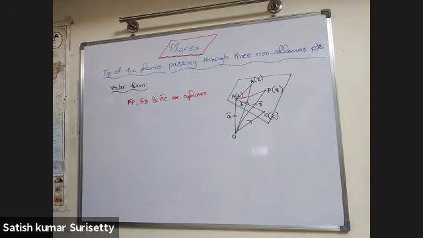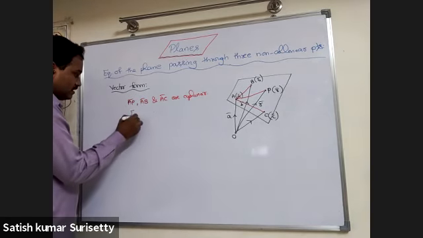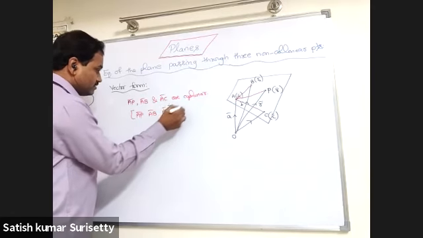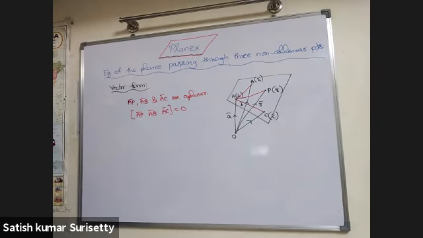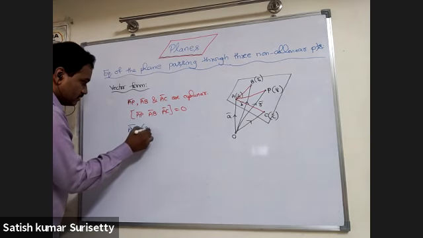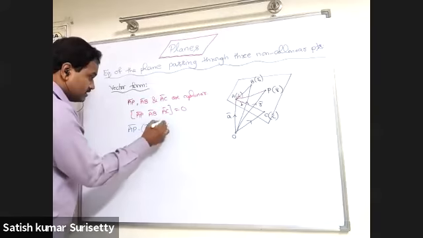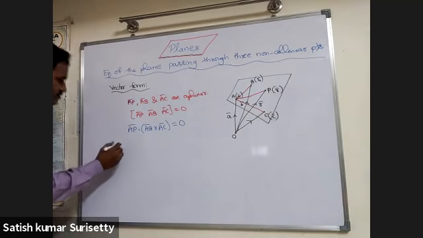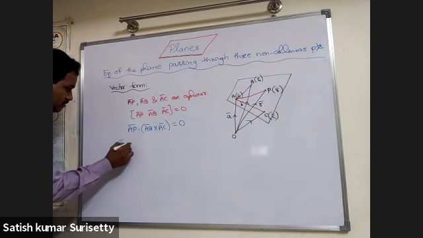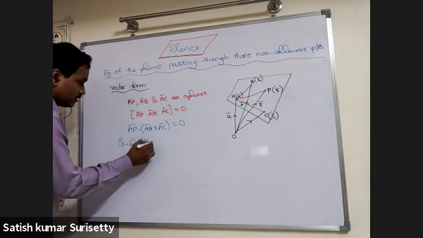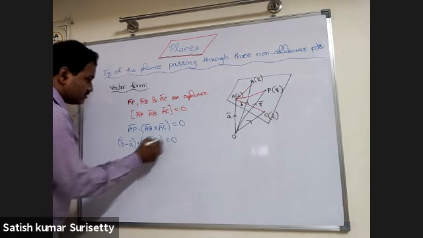Once they are coplanar, the scalar triple product is 0. That is AP bar, AB bar, AC bar scalar triple product equal to 0. Now this will be same as AP bar dot AB bar cross AC bar equal to 0. Now in terms of position vectors, r bar minus a bar dot AB bar cross AC bar equal to 0.